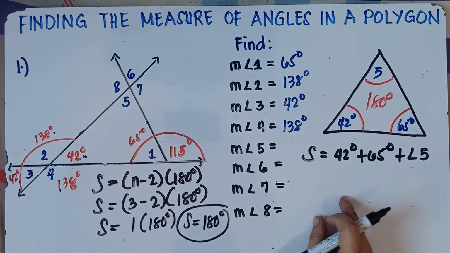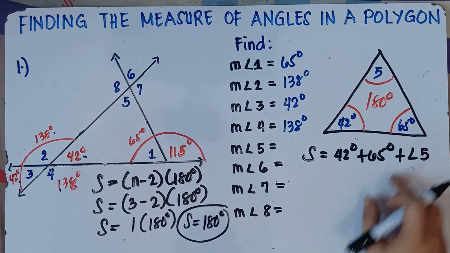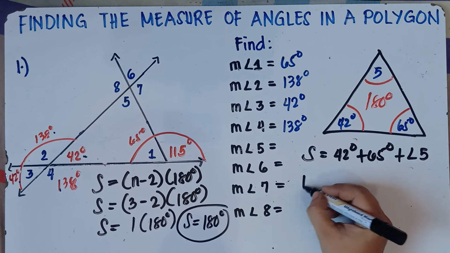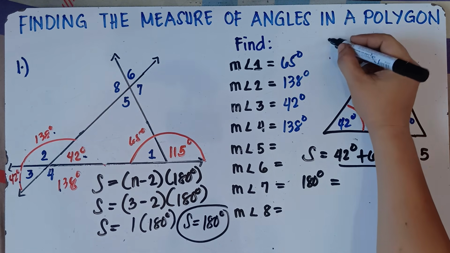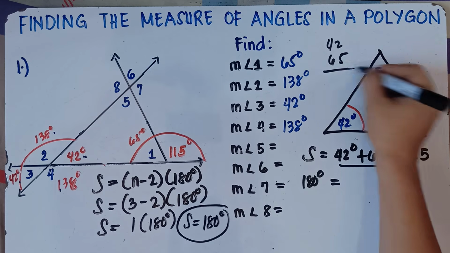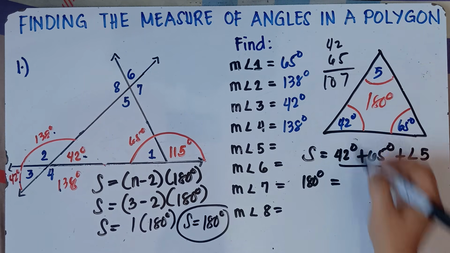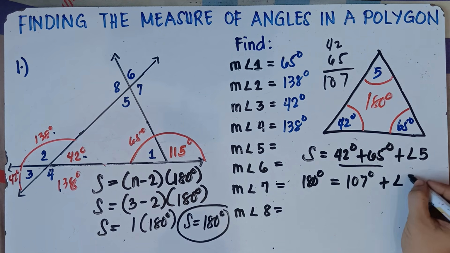But to use the formula, class, we have the sum equals 42 degrees plus 65 degrees plus angle 5. And we already have the sum, that's 180 degrees, equals, so we add this up, 42 plus 65: 5 plus 2 is 7, 4 plus 6 is 10. 107 degrees plus angle 5.